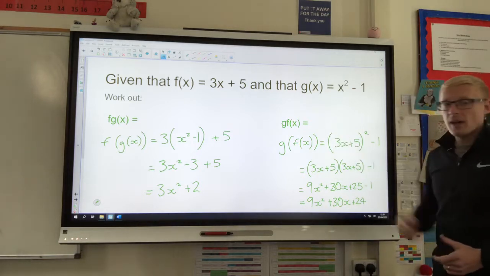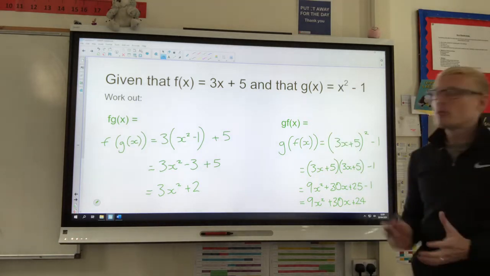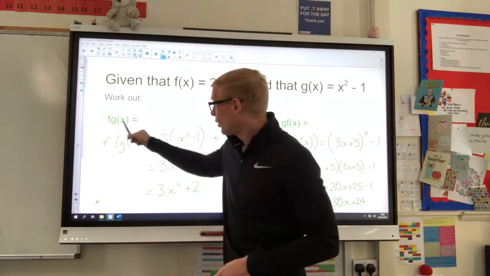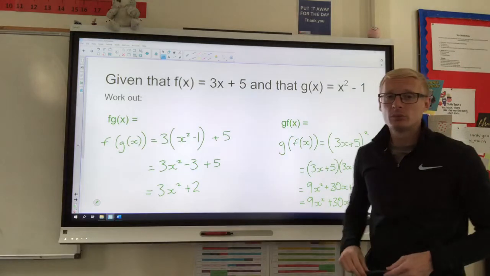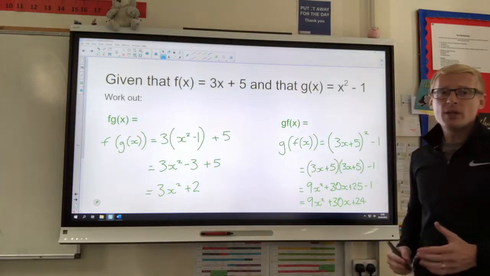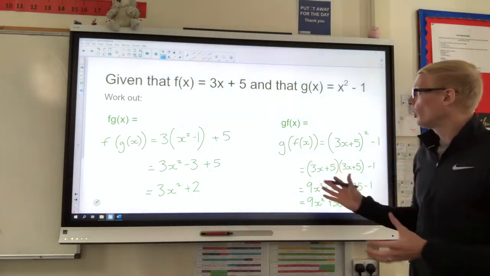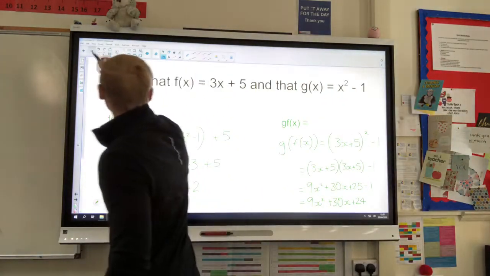So that's g of f of x, okay? Some people remember it as you're working from in to out. So you're putting this inside one into the outside one. Okay, so pause the video if you need to, copy that down, maybe rewind it and make sure you understand fully what's going on here.